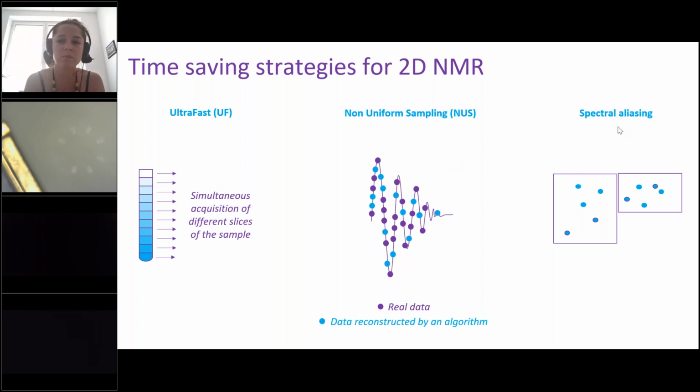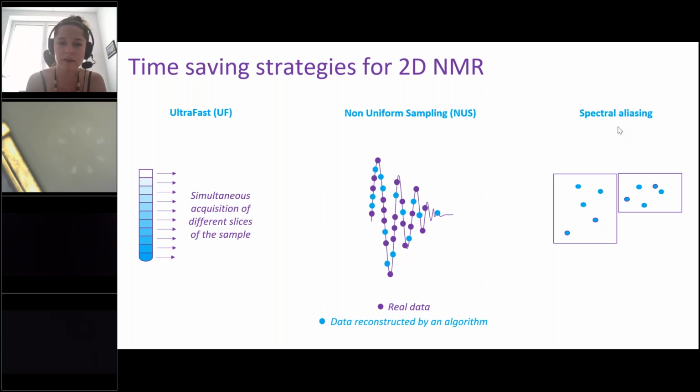And spectral aliasing is basically just as if you were folding a paper in two, and so the signals that are in the part that is folded onto the other are going to be reported on the first one. So it's going to cut the acquisition time in half.